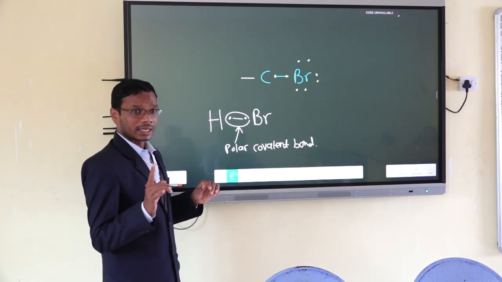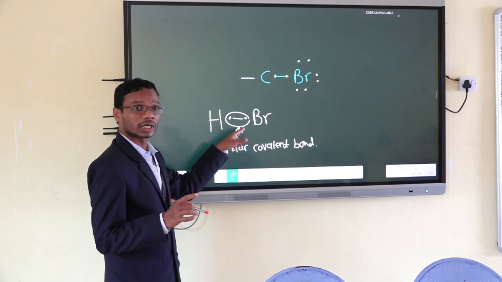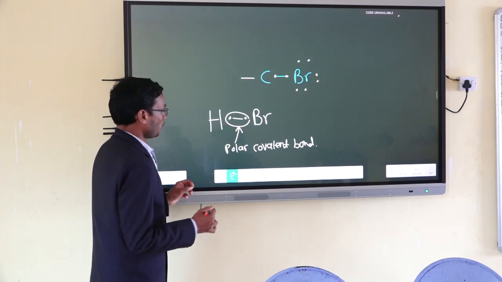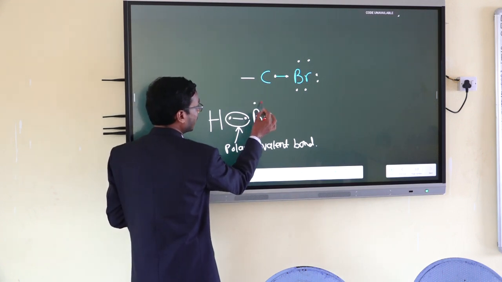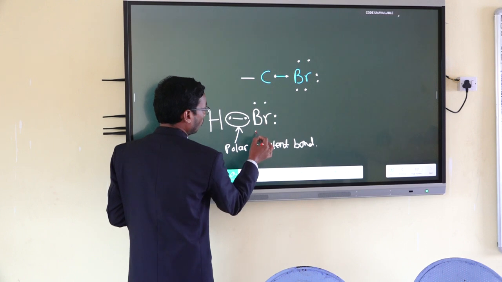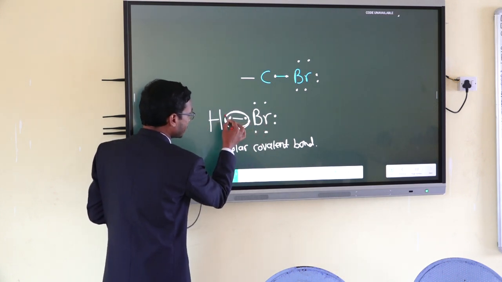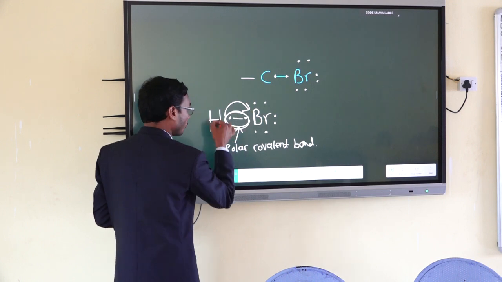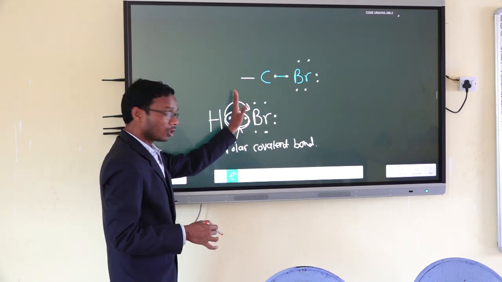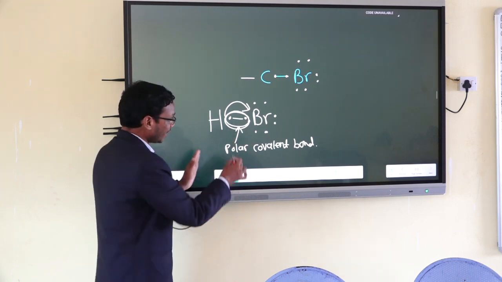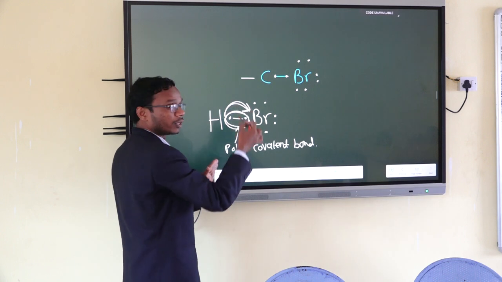Like NaCl, we cannot break this bond because there is sharing of electron. Now, one is electropositive, one is electronegative, and there are more electrons. So this electron cloud shifts towards bromine from hydrogen. Understand carefully. This bond will not break, but the electron cloud shifts from hydrogen to bromine.